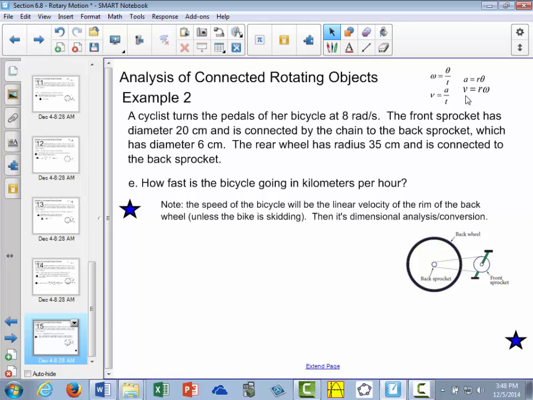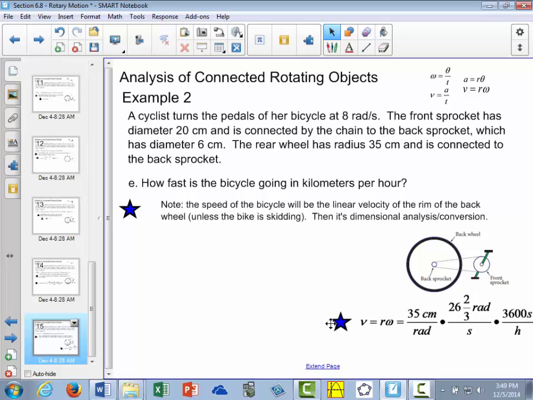So again, we resort to V equals R omega. Our omega was the 26 2/3. Our R value is now 35 centimeters. So we start there. We take our 35 centimeters and multiply it by our 26 2/3 radians per second. And that will give us a linear velocity, just not a linear velocity in kilometers per hour. So we need to convert to kilometers per hour from centimeters per second.